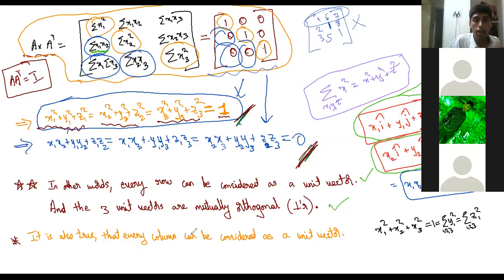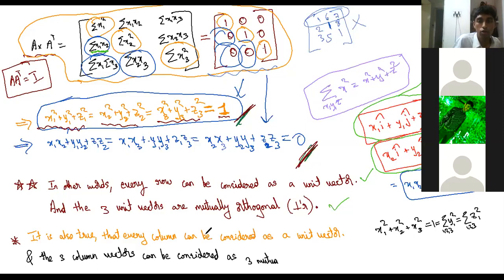It is also true that every column can be considered as a unit vector, and the 3 column vectors can be considered as 3 mutually orthogonal unit vectors. Okay, right.